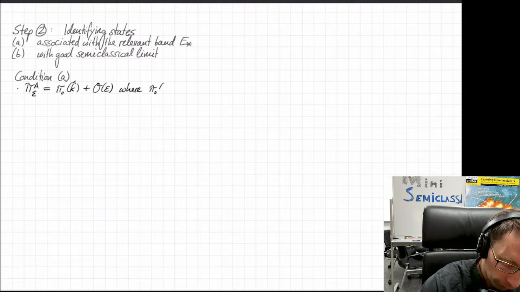So here pi 0 of k is just the rank 1 projection associated to the relevant band.